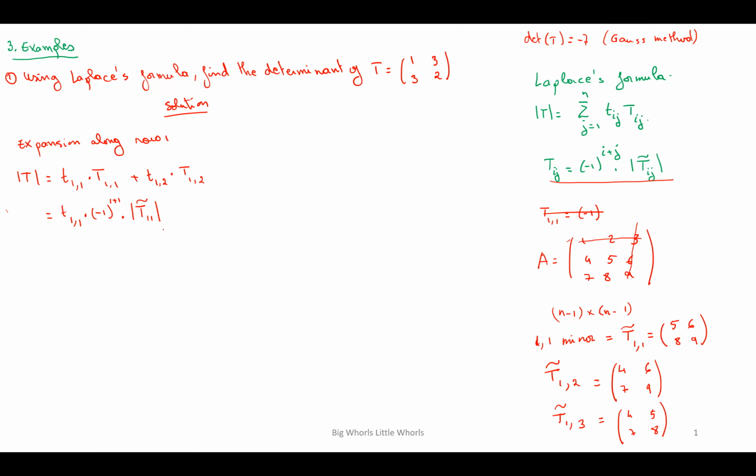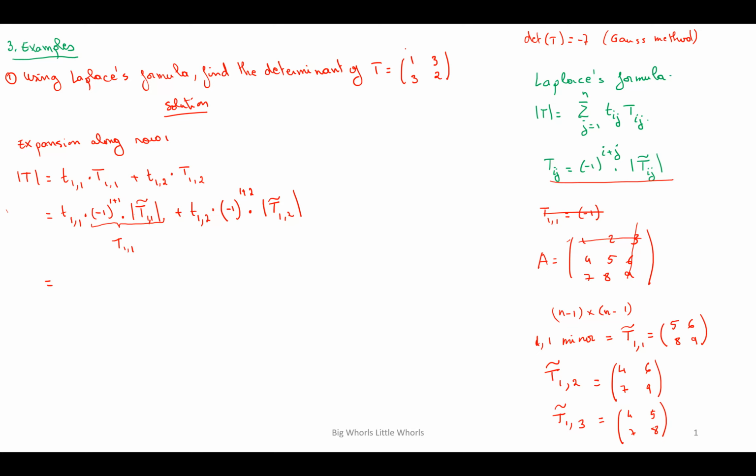So let's do the same thing here and continue our expansion along row 1. Here we have T11 times its cofactor, plus T12 multiplied by the cofactor 12, so we have -1 to the power of 1 plus 2 multiplied by the determinant of the minor 12.